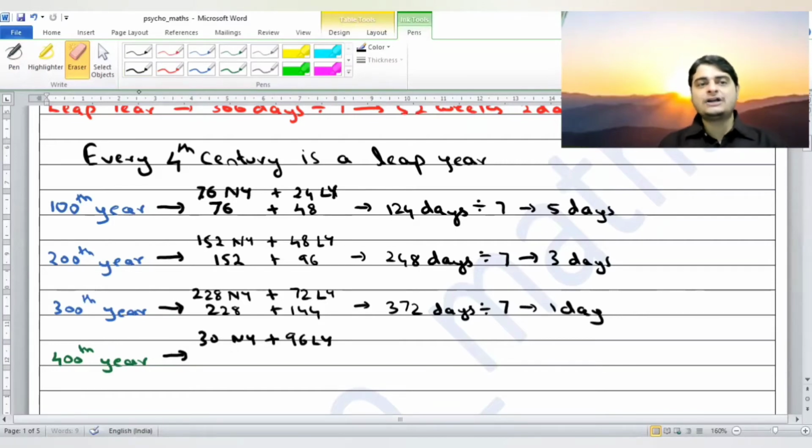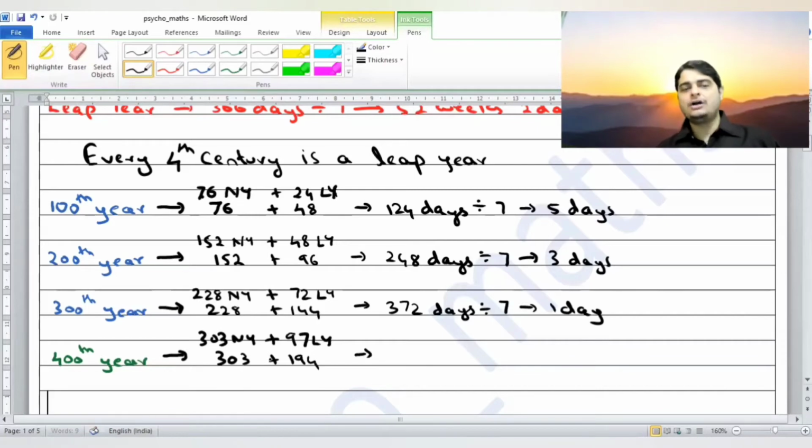So one normal year will get reduced and one leap year will be extra, because the 400th year is a leap year. Just check what we will be getting over here. 303 additional days and 97 twos will be 194. So in all, we are having 497 days extra in every 4th century.